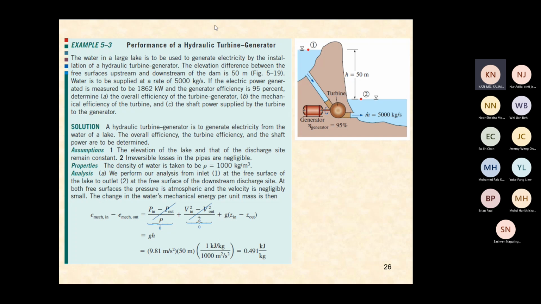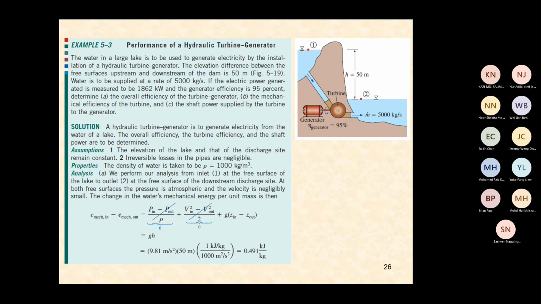And this water is to be supplied at a rate of 5,000 kg per second, because in the equation, mass flow is one of the factors. That is why, the more the flow, the more energy is extracted in the turbine.